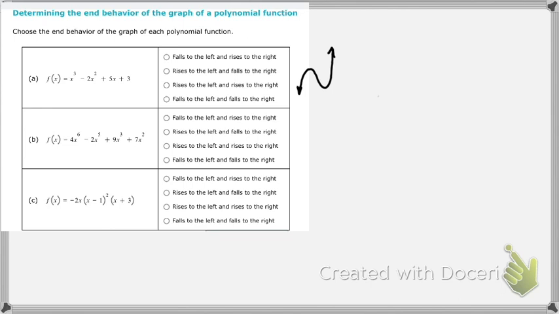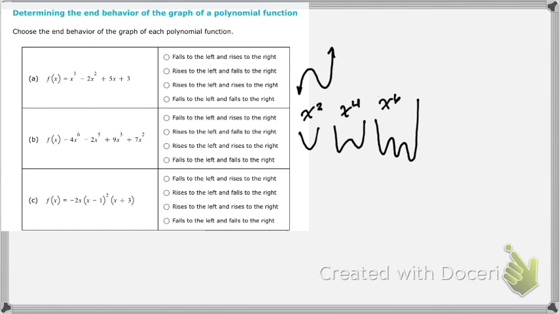Let's go ahead and continue down here. How about this x to the 6th? Now just consider this with me. x squared looks like that. x to the 4th looks like that. x to the 6th, do you get the idea? 1, 2, 3. x to the 6th can look like that. Now, it doesn't have to be that curvy. It doesn't have to have that many changes in direction, but it could.